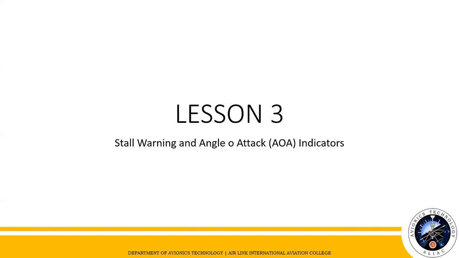Now, for our lesson 3, we have stall warning devices and angle of attack indicators. An angle of attack, or AOA, is the angle formed between the wing chord center line and the relative wind.